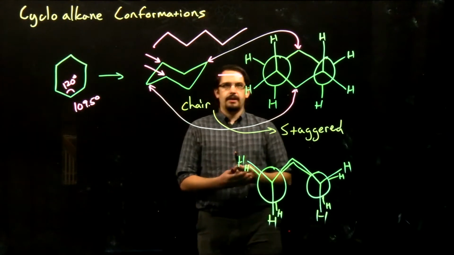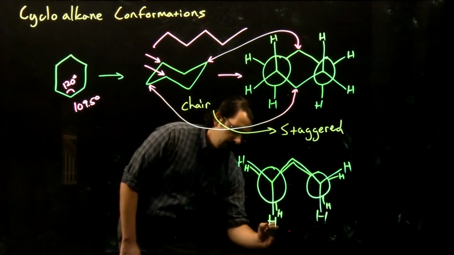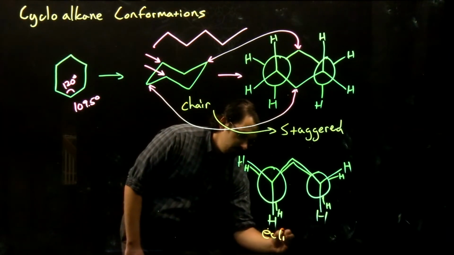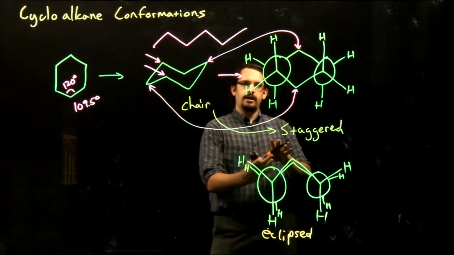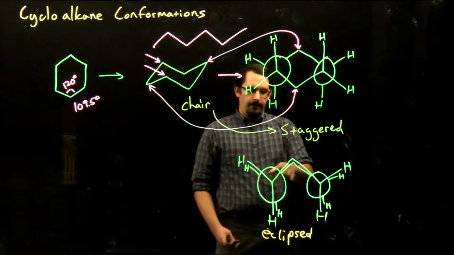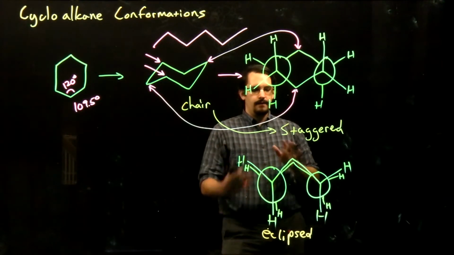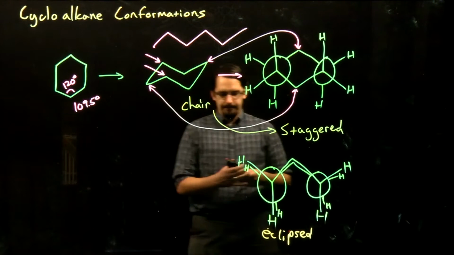So this would be my perfectly eclipsed cyclohexane. I have the front and the back end of my ring lined up, along with lining up my hydrogens, so that everything is eclipsing each other.